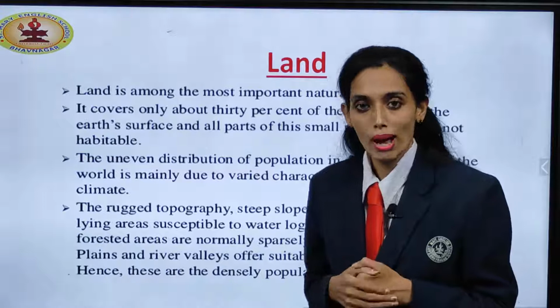Private land is owned by an individual, but community land is owned by a group of members. A head will be there and the group of members can use that land for different purposes. These community lands are also called common property resources, because they are not used by only one person but by different people, so it becomes a common property resource. Is it clear, children?